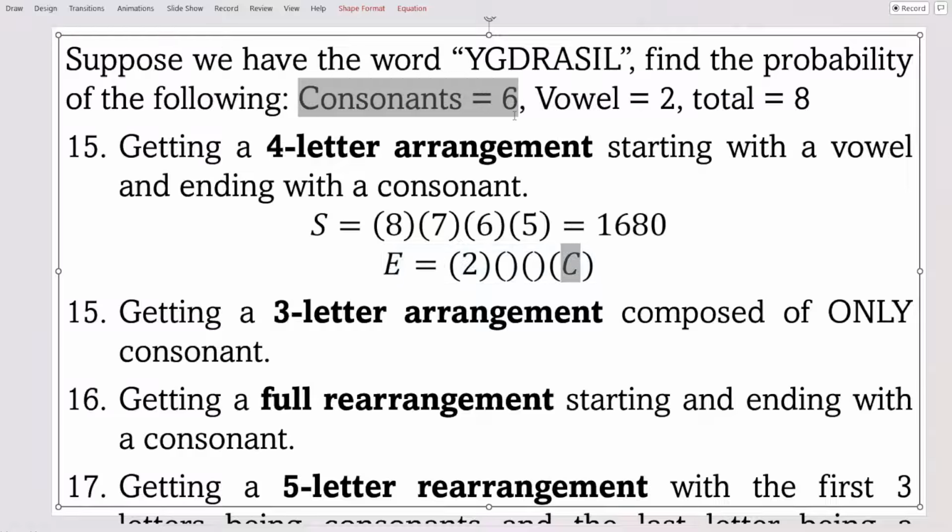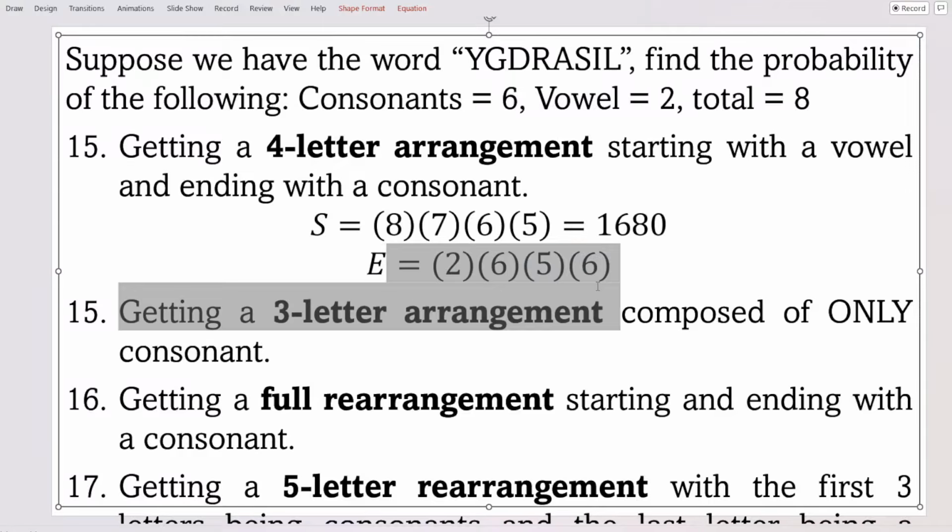We have six consonants. And then what happens to the middle slots is you can fill in the rest, without conditions. How many letters are left? We have already filled the first slot and the last slot, which means out of the eight letters, we have already used two letters. So 8 minus 2, we have six letters left for the second letter and five letters for the third letter.